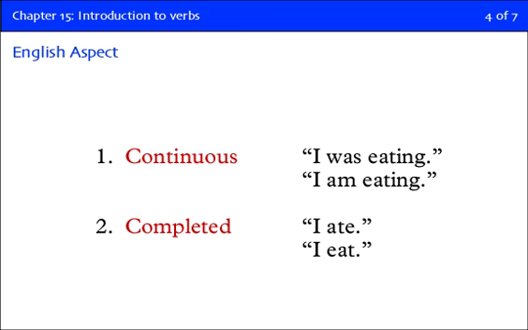The completed aspect is the aspect that says the action was finished, it was accomplished, it was completed. And in English, we would say, for example, I ate. Now, I've put those in past time. I wouldn't have to. I could put them in present time or future time. But the important thing is that you see the aspectual difference between I was eating and I ate. The first is continuous. It describes a continuous action. The second describes a completed action.